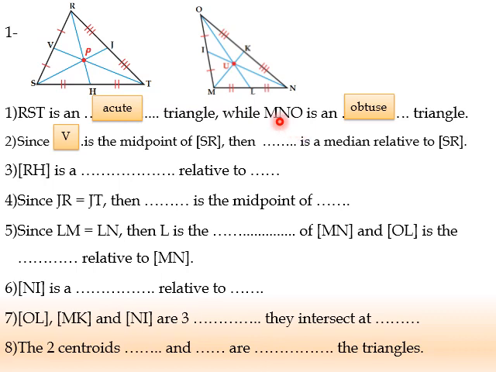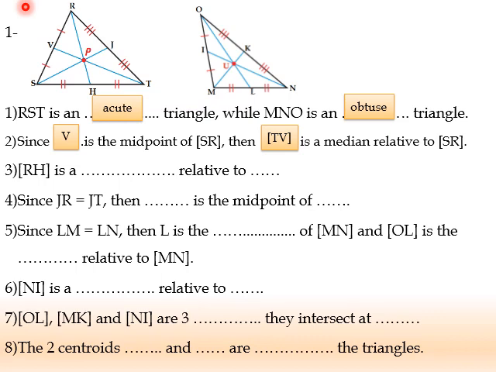So TV is the median issued from vertex T to the midpoint of the opposite side. So, TV is a median relative to SR.